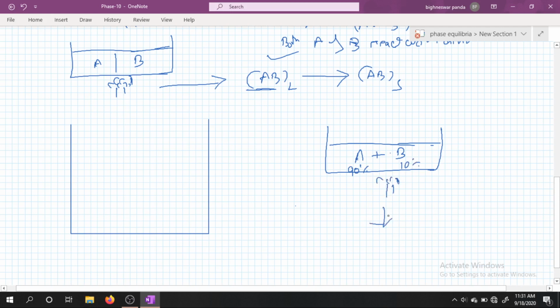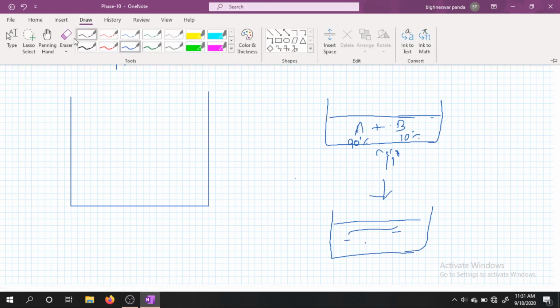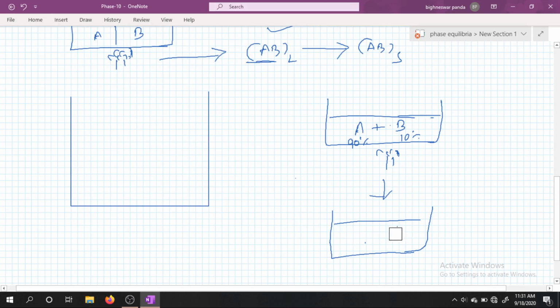Then it will form A plus B homogeneous liquid, in which the composition of A is 90% and B is 10%.